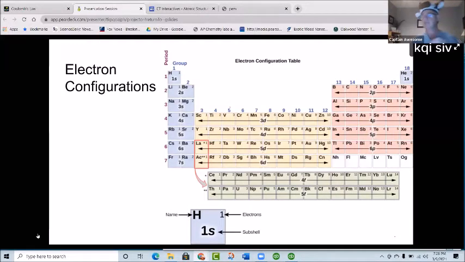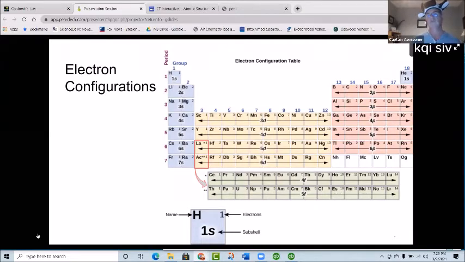But sometimes the AP exam will give you a big element, something like strontium or gold or lead or polonium or something like that. And they don't want you to write 1s2, 2s2, because nobody's got time to read that. So instead, they'll say, give me the valence electron configuration. And the valence electron configuration is just the outermost electrons.